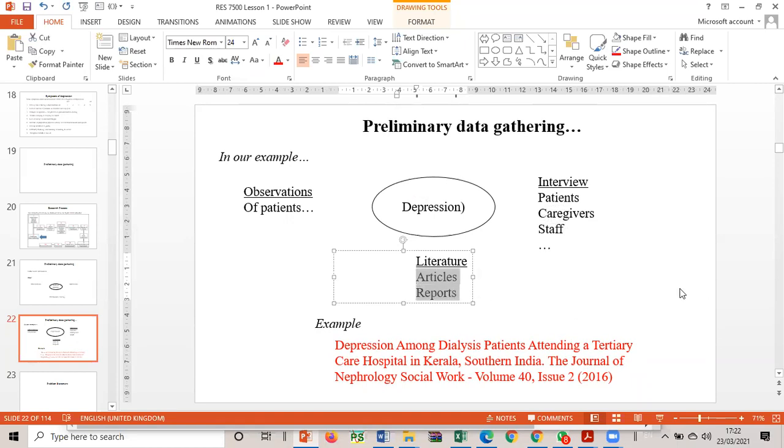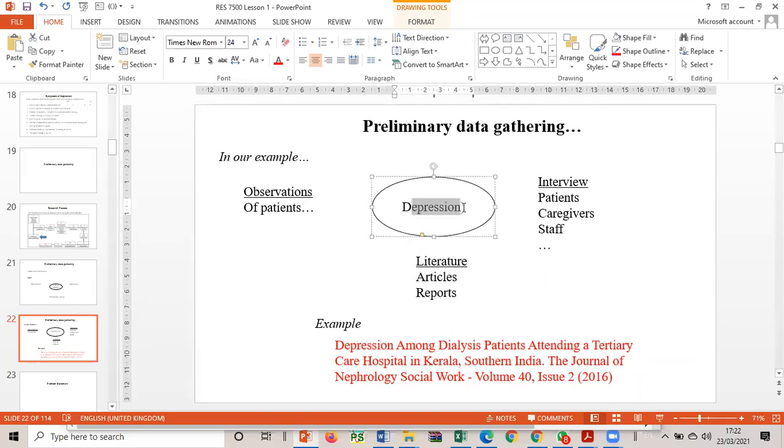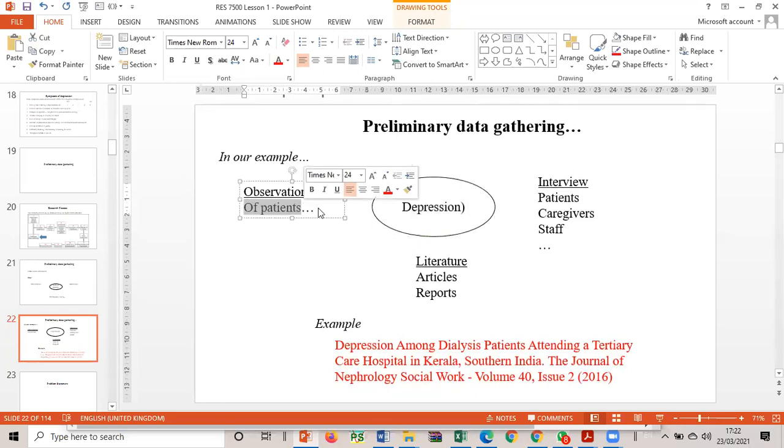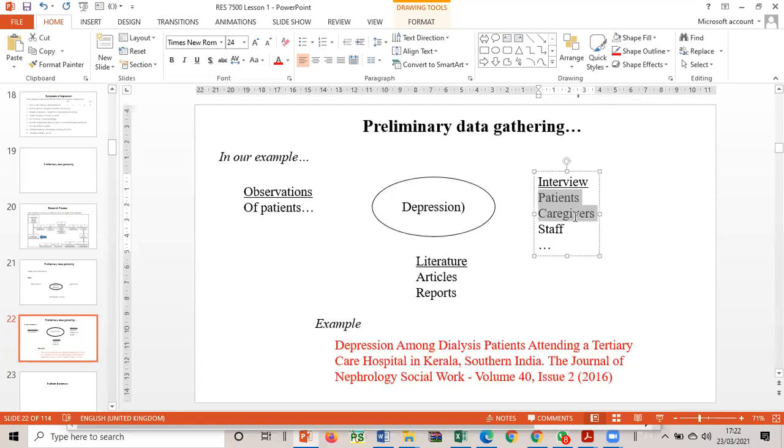Let's talk about the hotel industry during the COVID pandemic. So roughly we know this area. You thought this is very relevant, very important, and this has been supported by observations, by interviews, and also some literature.